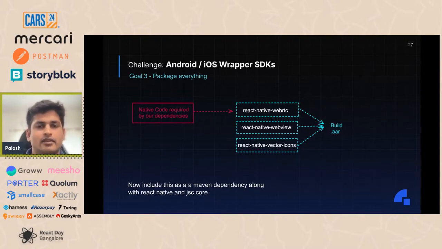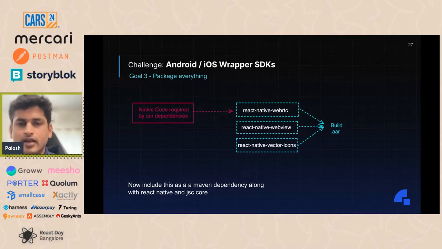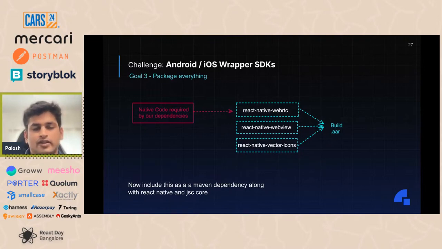Now, these projects are only installed through NPM or Yarn, so they don't exist on any Maven or any central repository. So we package all of these, and we also put them on a public Maven. And when we publish our SDK, we include all of them as Maven dependencies.